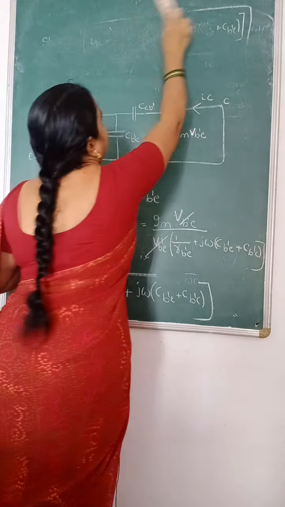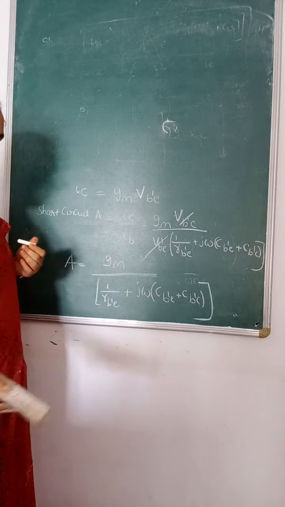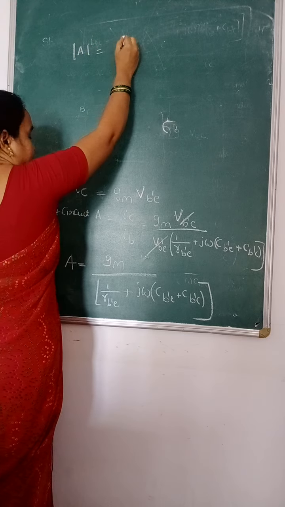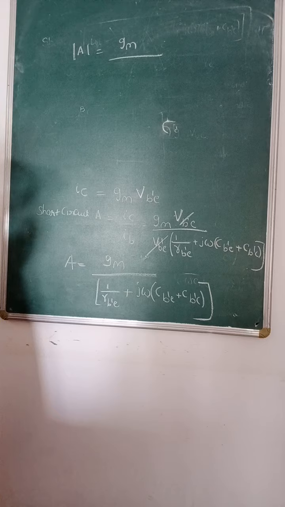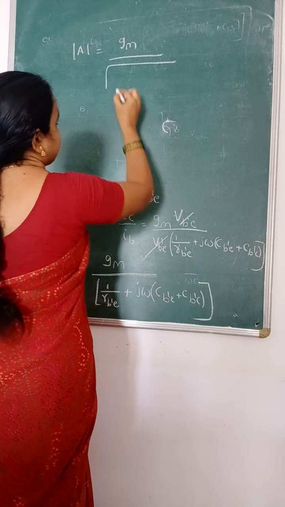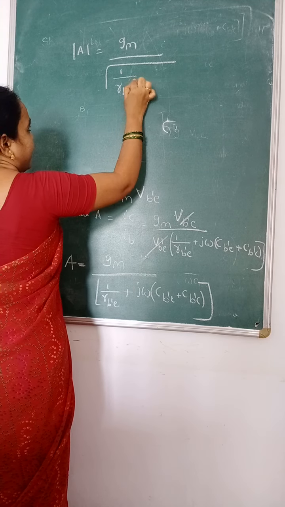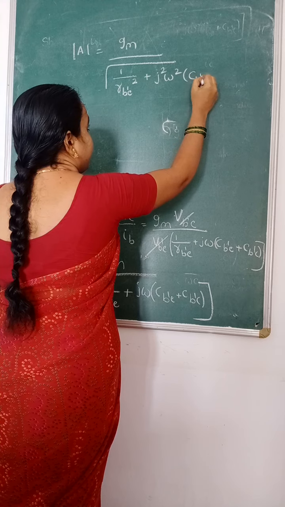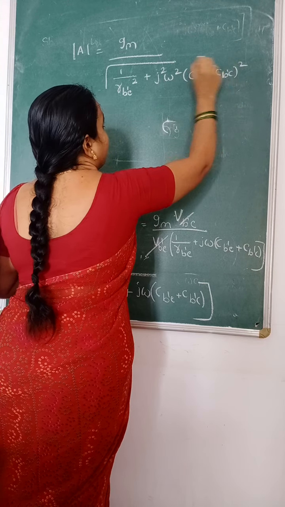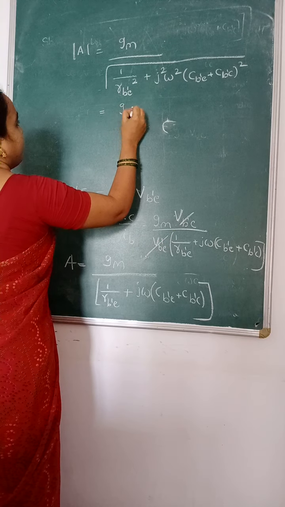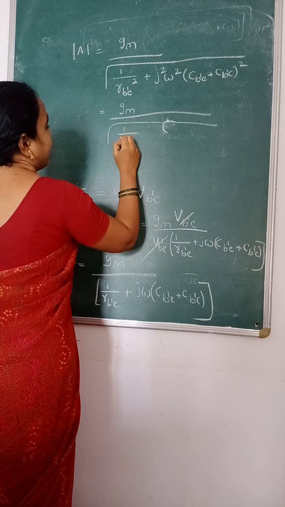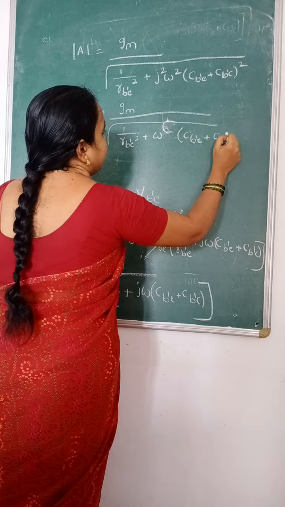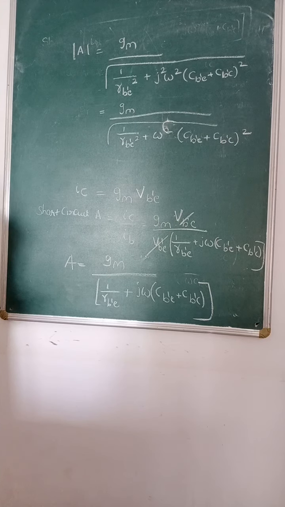Then the magnitude of the current gain, magnitude means modulus, is gm, which is constant, divided by the root of the sum of squares, that is 1 by R B dash E whole square plus omega square into C B dash E plus C B dash C whole square.